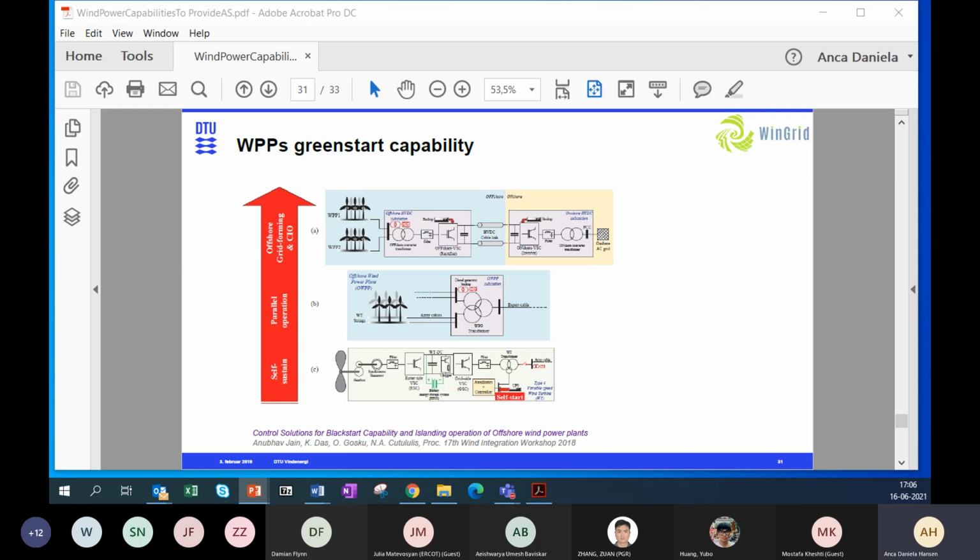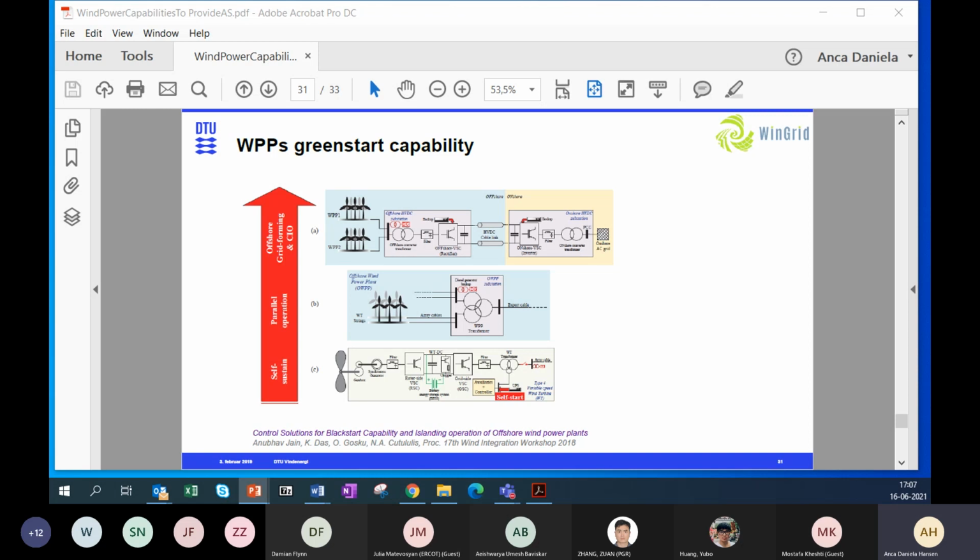And then the next step is self-sustain, where the rotor is oriented to the wind direction, and the wind turbine can start rotating and producing energy to sustain itself. Then we have parallel operation, where once wind turbines can sustain themselves, the next step is synchronization, the parallel synchronization and startup of multiple wind turbines. Then we have offshore grid forming, consisting of coordinated parallel operation of multiple wind power plants in a cluster to form the isolated offshore grid.